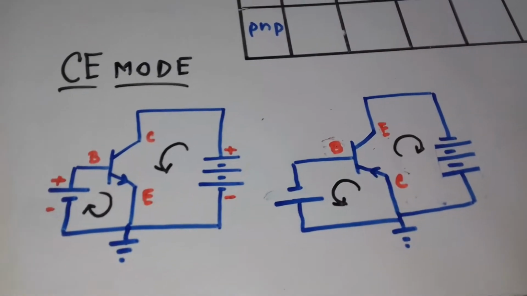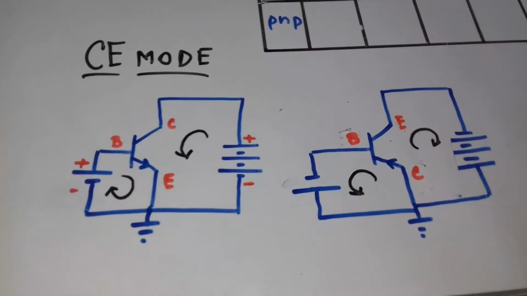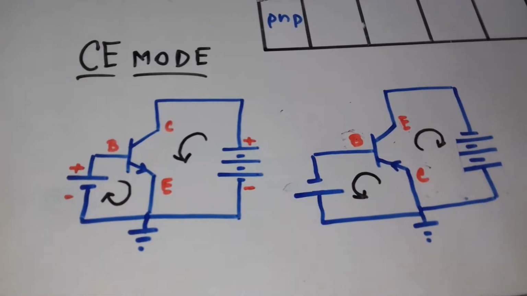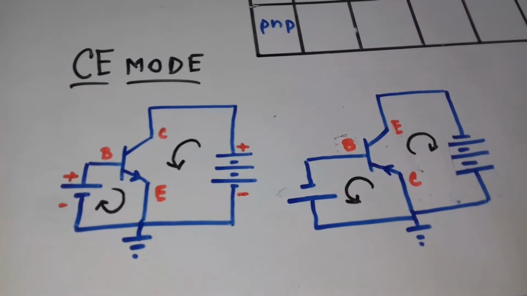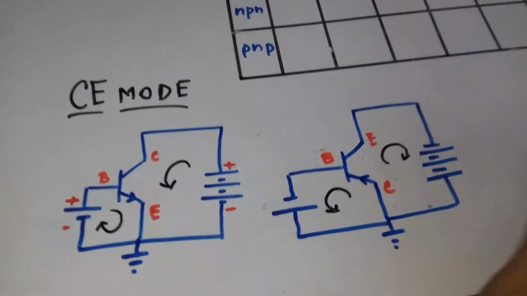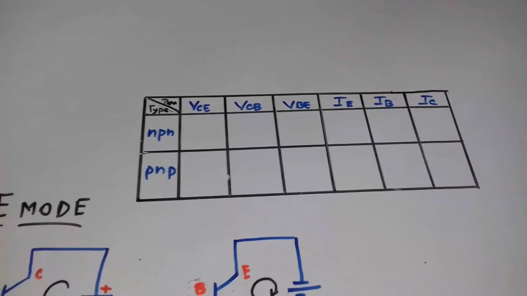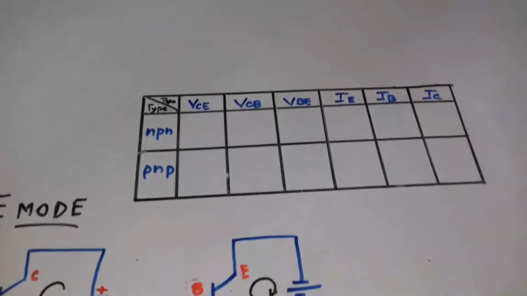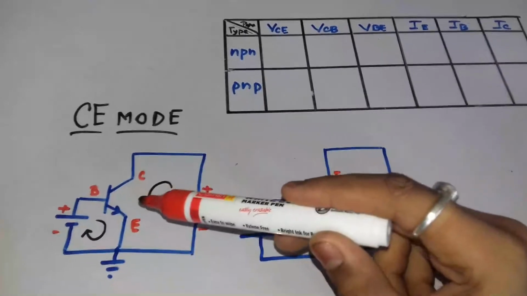Now if the first subscript is at a greater potential than the second subscript, then the voltage will be taken as positive. For example, VBE: if the potential at B is greater than that at E, then we will consider VBE to be positive. So let's make a table here. In the first case, the NPN transistor.